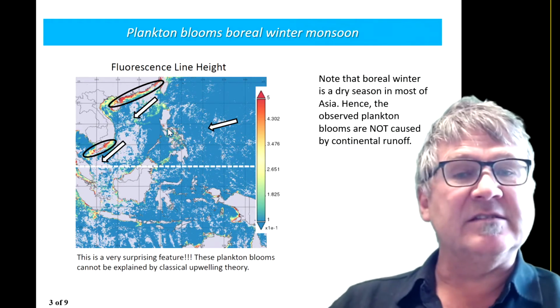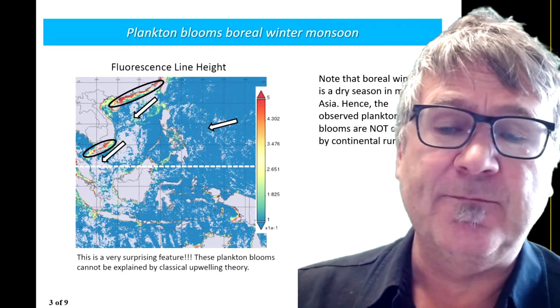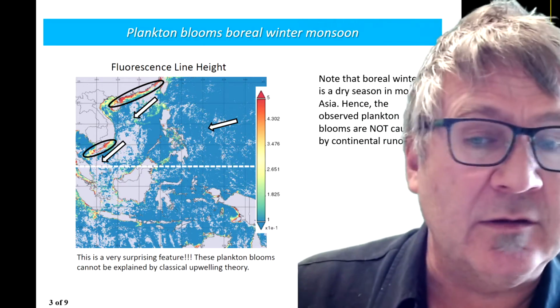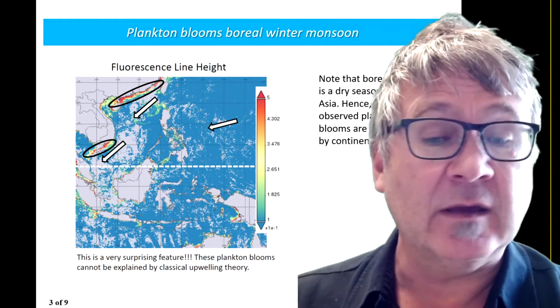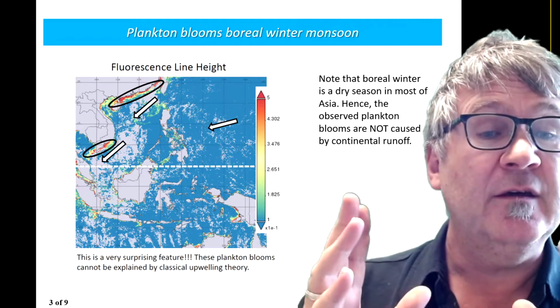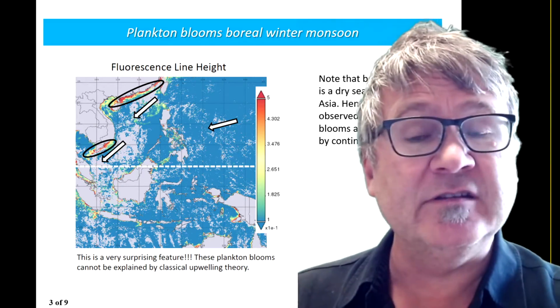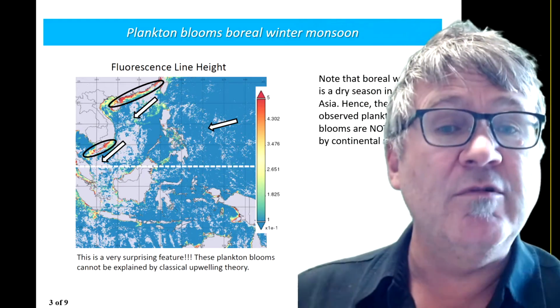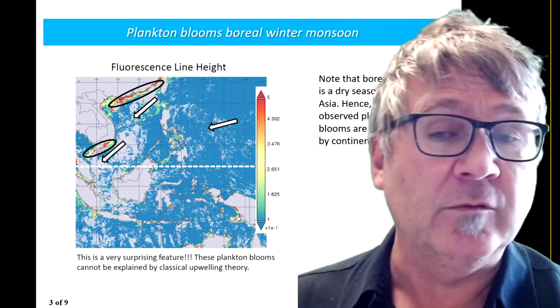You can't explain this. Ekman theory fails to explain this. That's because you don't get upwelling, you get the opposite, downwelling. It's a very surprising feature, and they are not caused by continental runoff. It's not river discharge which causes it, because river discharge is actually low during the winter monsoon.